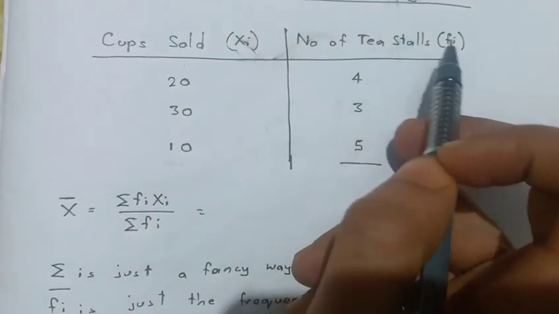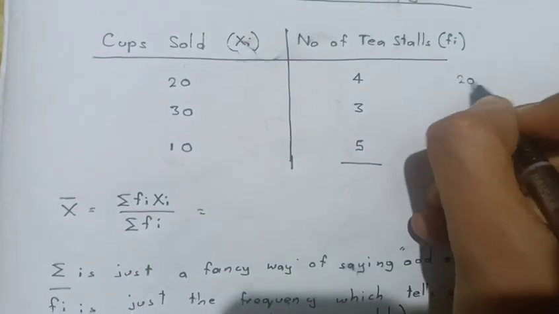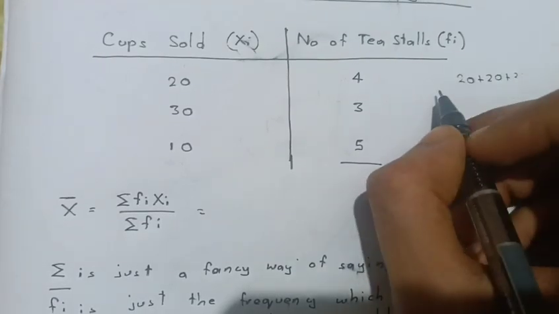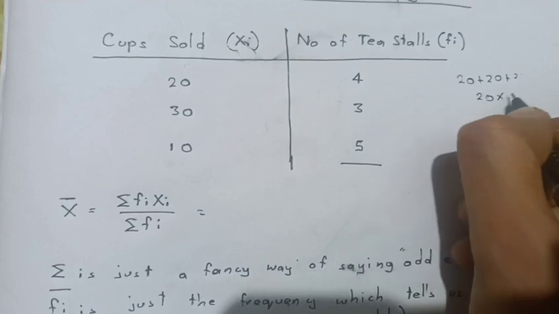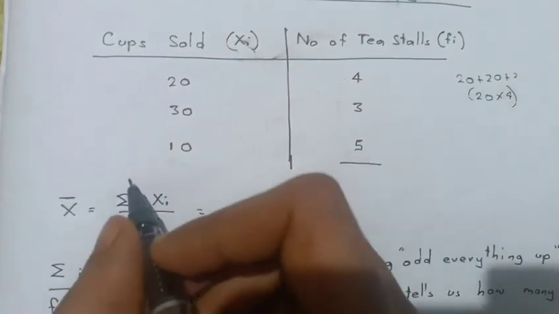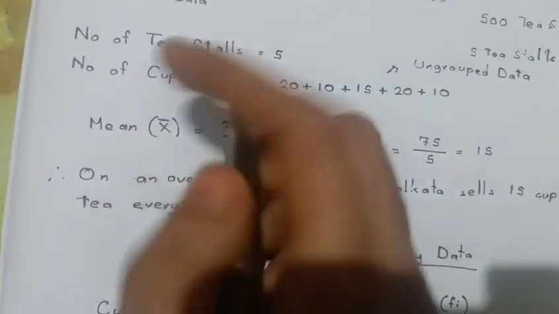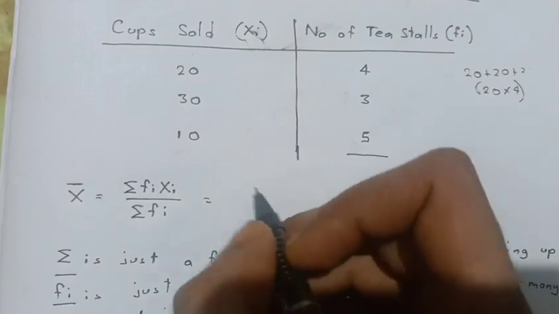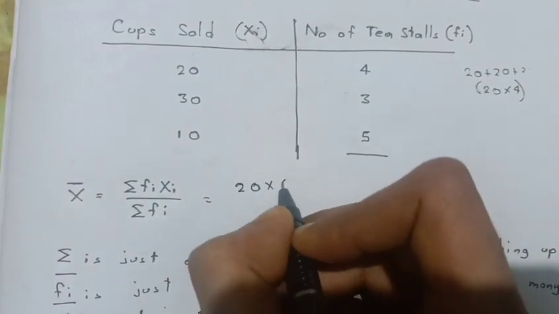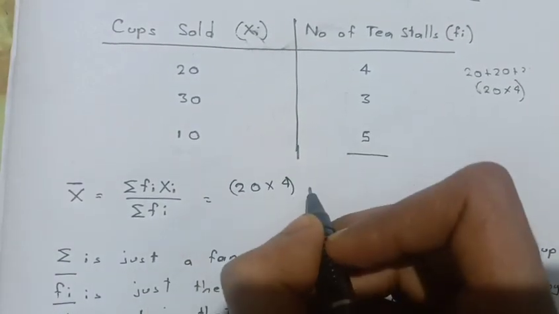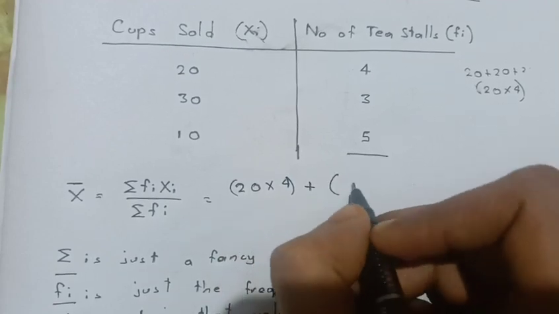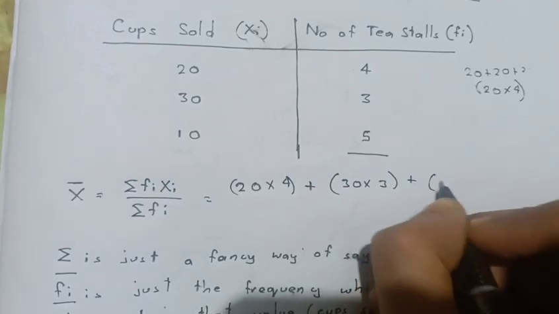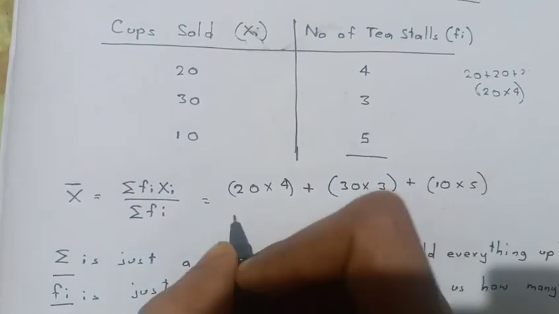Instead of writing 20 plus 20 plus 20, we just do 20 into 4, and then we have the summation. Like a normal average, we add up all the cups: 20 into 4 plus 30 into 3 plus 10 into 5.